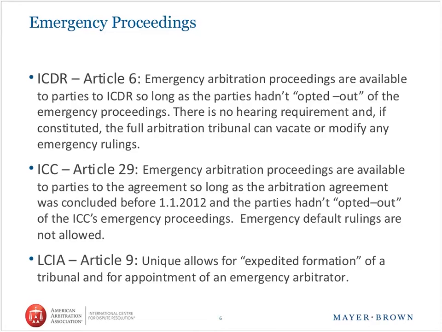Similarly, the ICC in Article 29 and in Appendix 5 lays out procedures for the appointment of an emergency arbitrator when measures are claimed to be necessary that cannot await the constitution of an arbitral tribunal. And in the ICC's Appendix 5, the ICC has laid out some fairly detailed rules governing the appointment of an emergency arbitrator, challenges to the emergency arbitrator, and the scope of the authority of an emergency arbitrator.